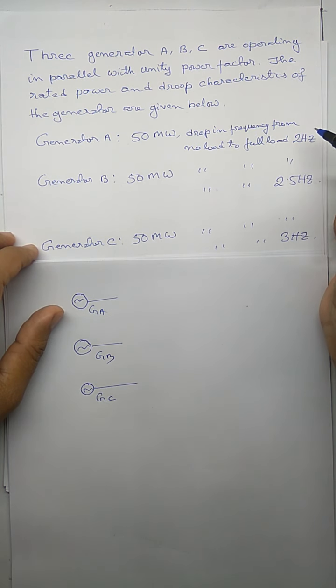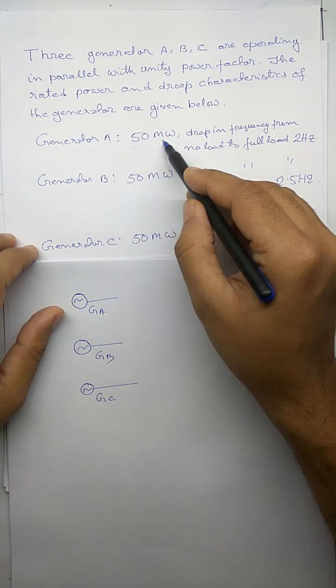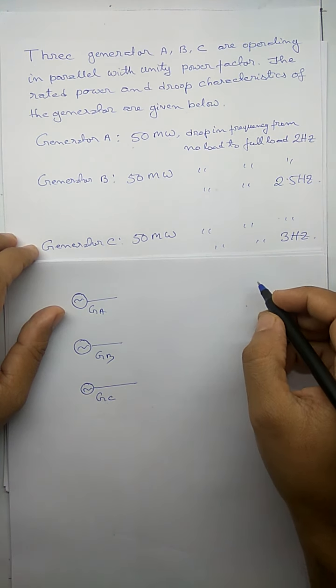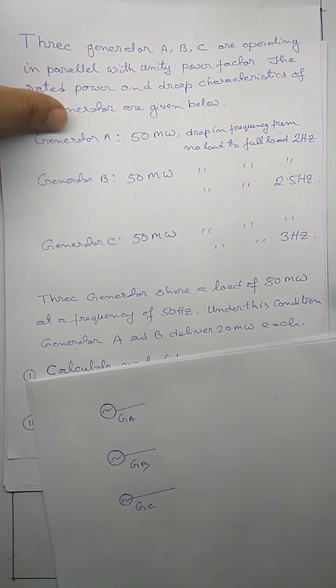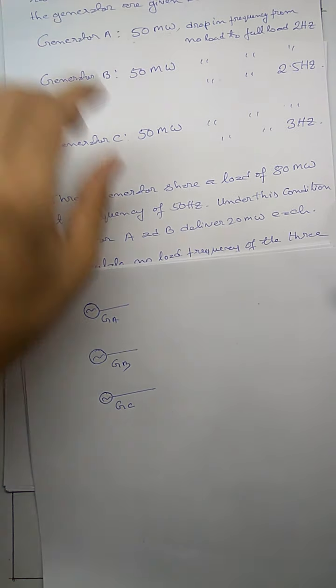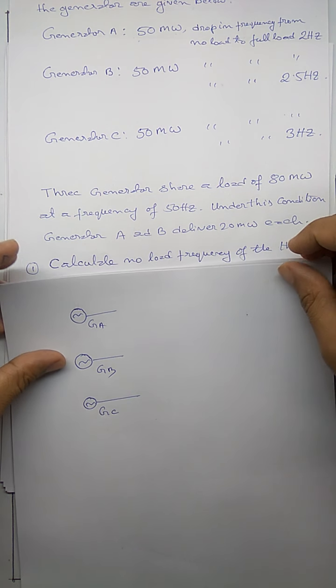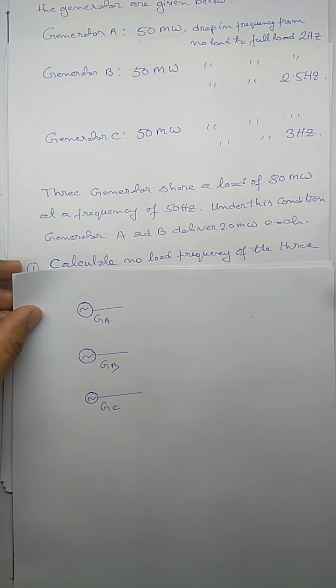Now what has been said? It has been said that the droop characteristics is given. One is that its rated power is given 50 megawatt and the droop characteristics is given. Then it has been mentioned that in a combined way they are supplying 80 megawatt, and under this condition generator A and B is supplying 20 megawatt each. So what does it mean?